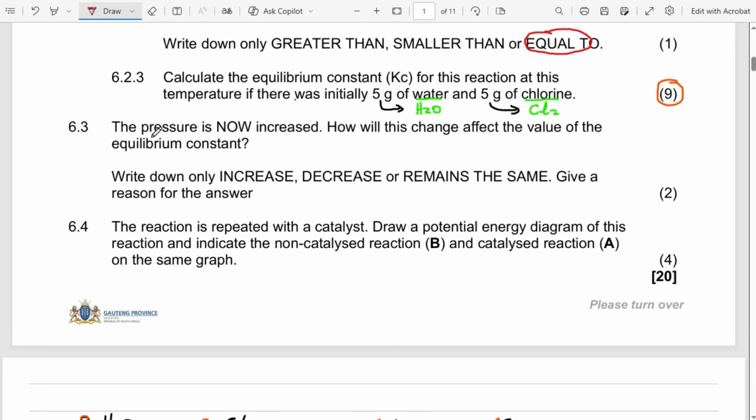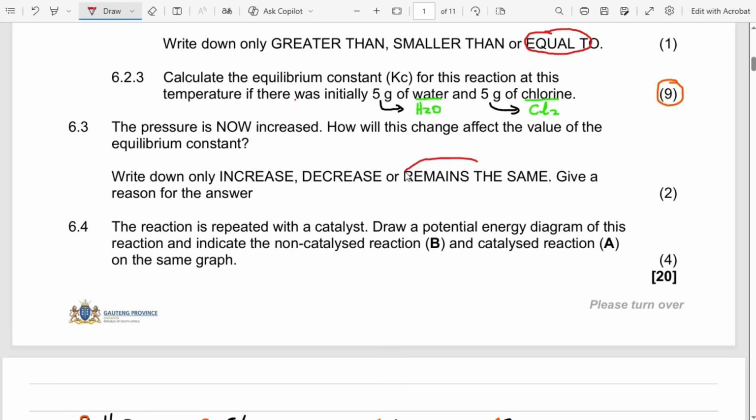So on 6.3, the pressure is now increased. How will this change affect the value of the equilibrium constant? Remember, guys, there's only one factor that affects Kc. So they say that we are increasing the pressure. How will this change the value of the Kc?